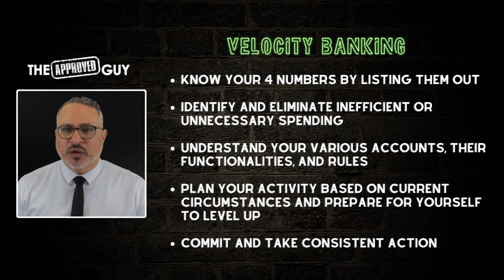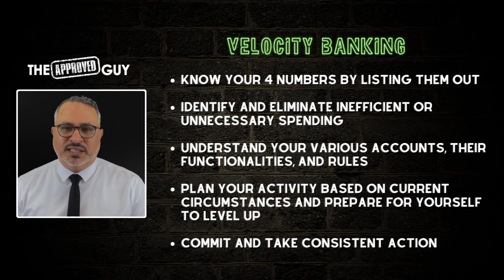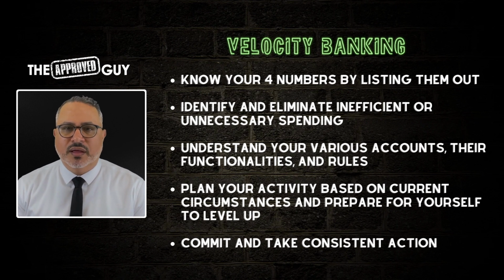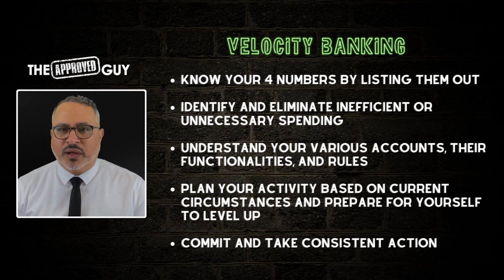Where can you reduce or consolidate expenses to minimize unnecessary spending and unnecessary cash flow loss? Just that by itself could potentially help you to find between 5 to 10% more cash flow just by taking an audit of yourself and going through the practice or the motions of listing out your four numbers.